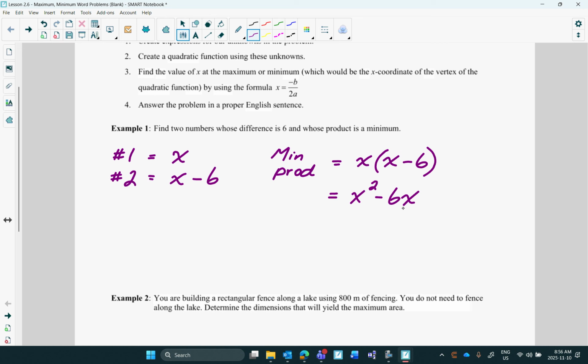How do I find the minimum of this? What point is the minimum called? The vertex. So I need to find the vertex by doing negative b over 2a.